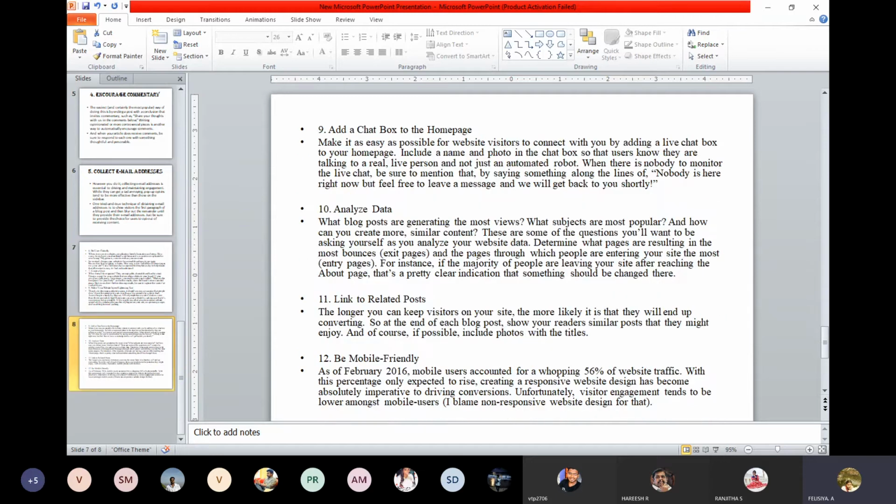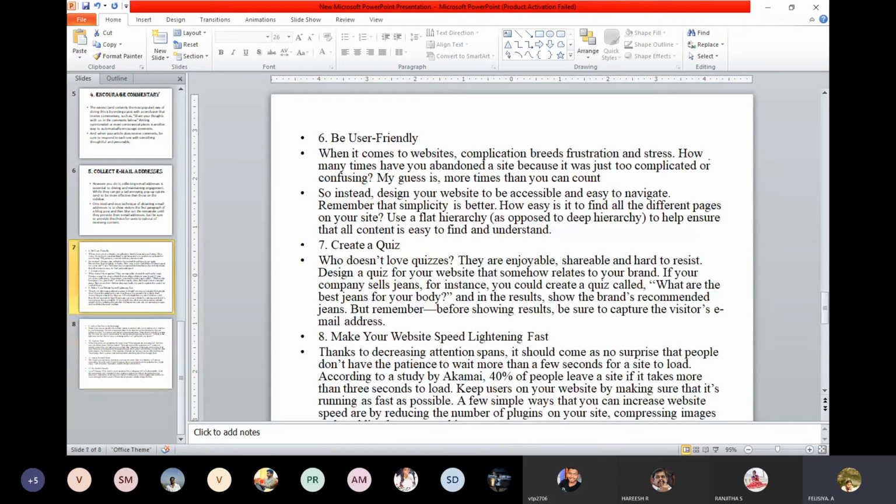Next is create a quiz. Creating a quiz is a kind of taking a gaming element and putting it inside the web pages. How it works is, you make people participate in a certain quiz. For example, they give you a situation and ask, if you wear these jeans, or what kind of outfit would be suitable for this situation or this festival.